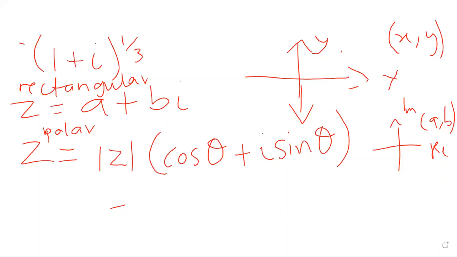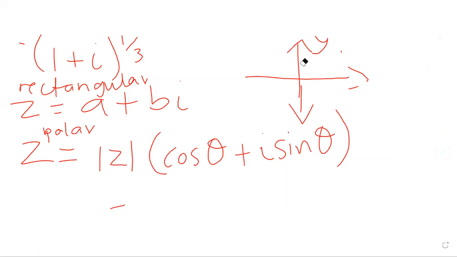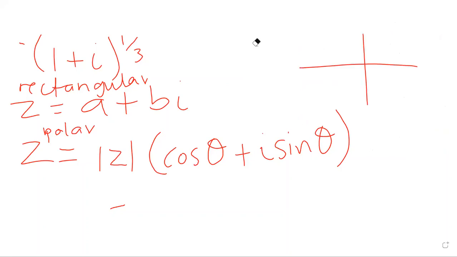Okay, you understand, thank you. When we're writing in polar form, some of you have read ahead and already done the polar coordinate system, but if you don't know about it, these are the complex numbers z, this is imaginary and this is real.